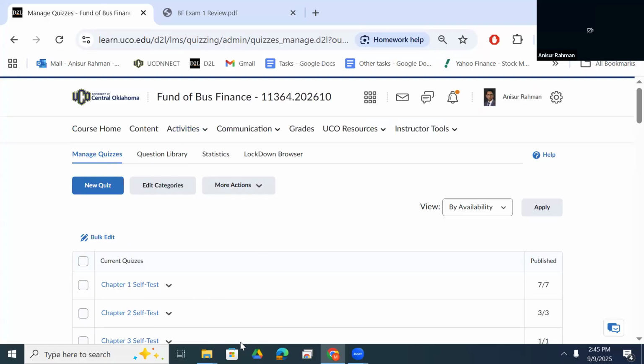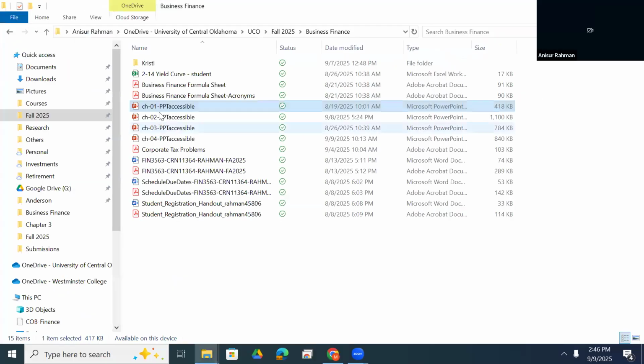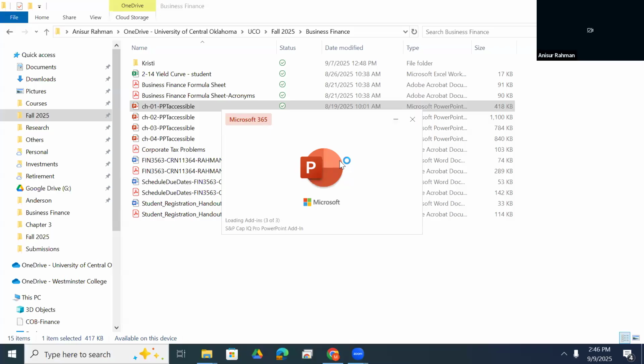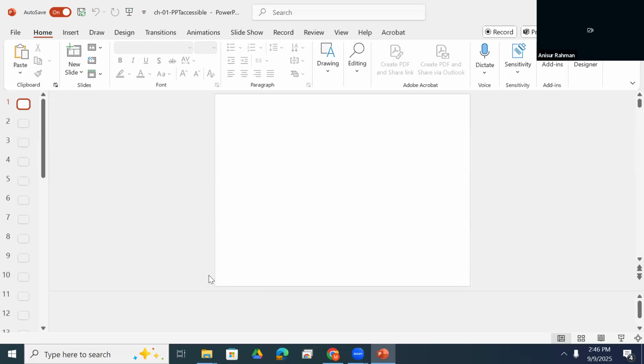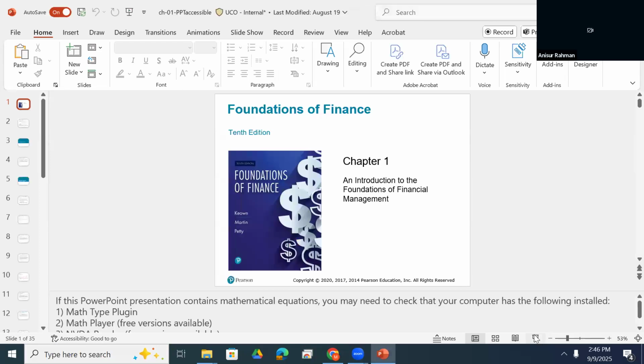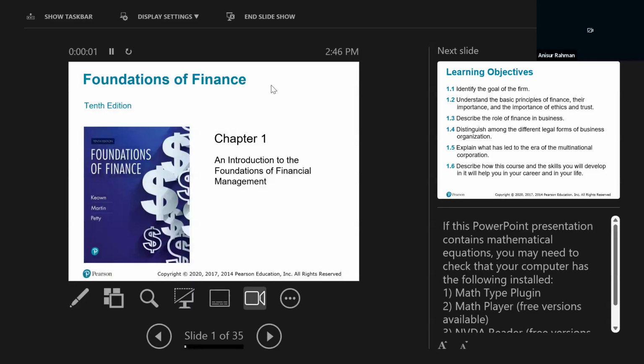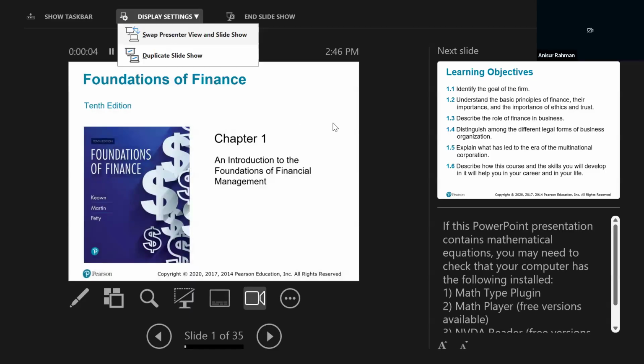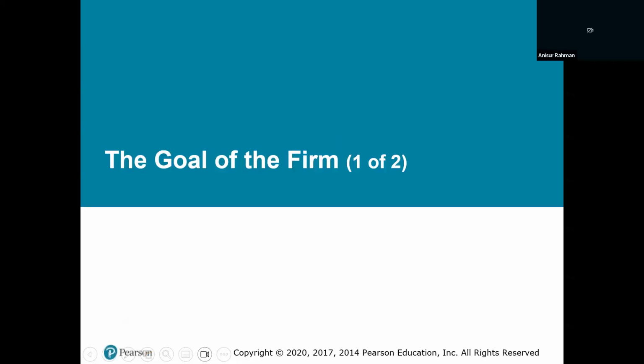Now, in terms of going over specific concepts from the textbook, so let's open chapter 1 slide. So this is a very important topic, the goal of the firm.